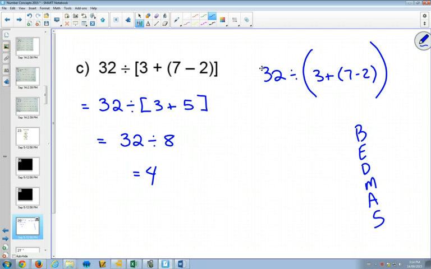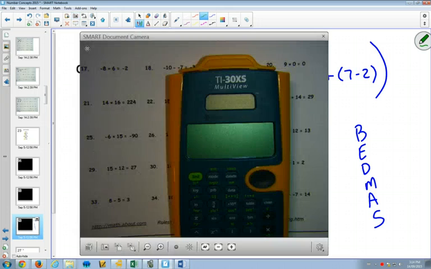Now we're going to see if we can type this into our calculator exactly the same way. So when I go to my calculator here, I have 32 divided by bracket. And even though I don't have those other kind of brackets on my calculator, that's all right. So it was 32 divided by bracket.